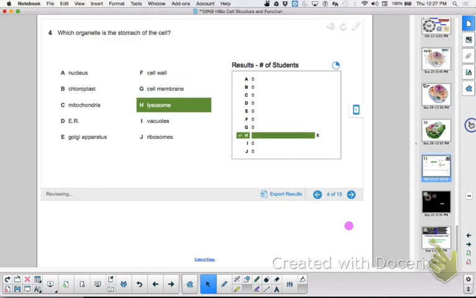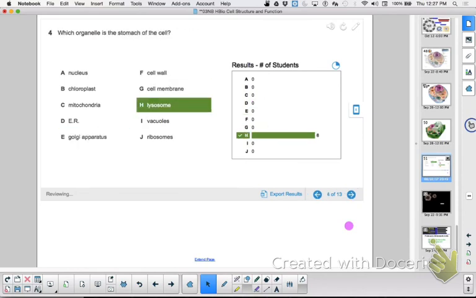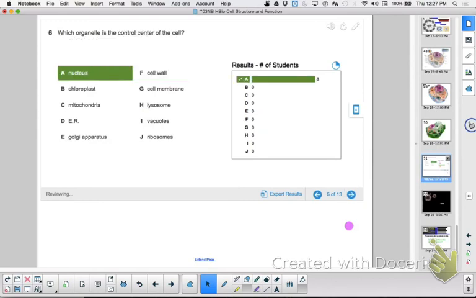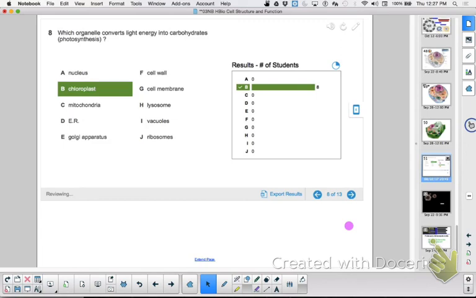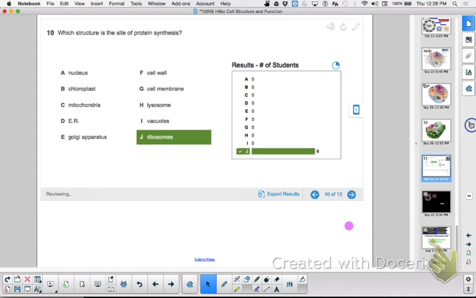Did we get the last one? That's 3. Okay, so we have 3 in a row. 4. Control center is the nucleus. Good job. 5. Compartmentalizes the cell. Rough, if it has ribosomes, is the ER. Light energy into carbohydrates, that's number 6: chloroplast. Number 7, multi-purpose organelle, are the vacuoles. 8, protein synthesis, the ribosomes.